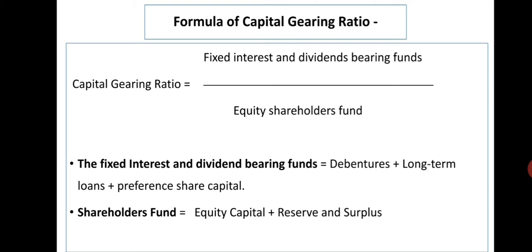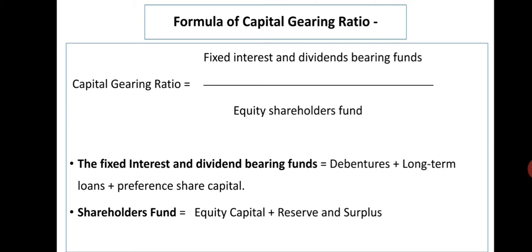Now what things constitute fixed interest and dividend bearing funds? So for debentures, for bonds, for long-term loans, for preference share capital, for all these things either fixed interest or dividends are paid. Let me explain in detail. For debentures, interest is fixed. For long-term loans, interest is fixed.